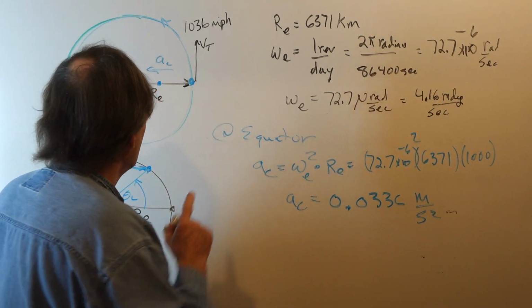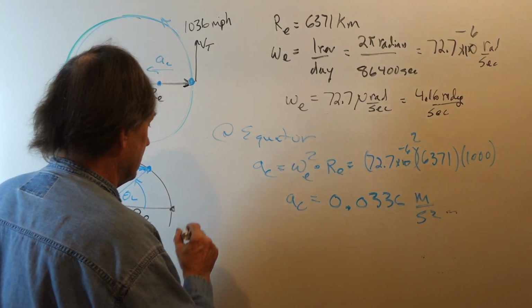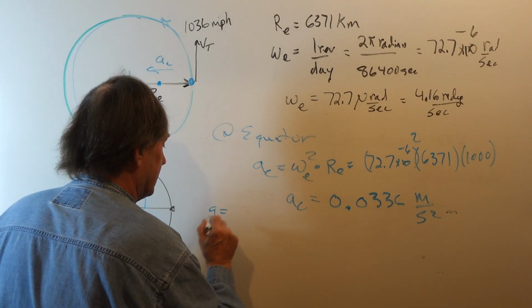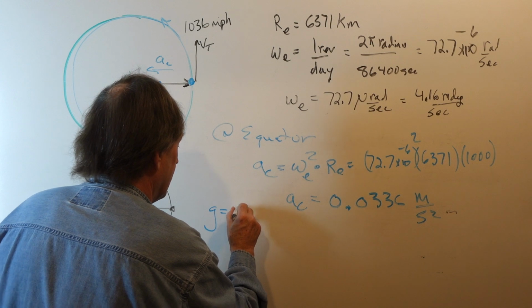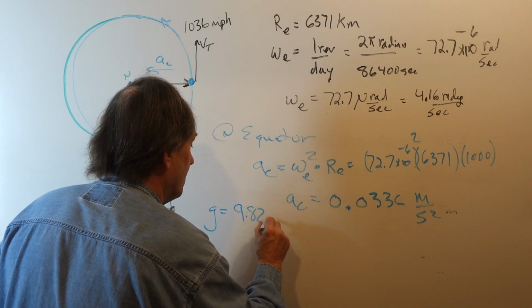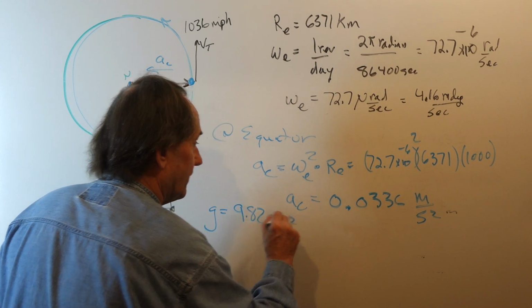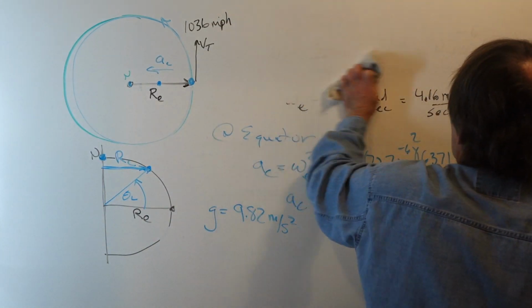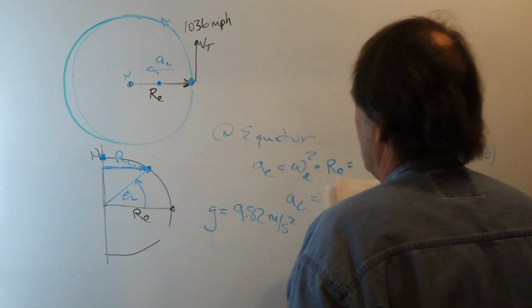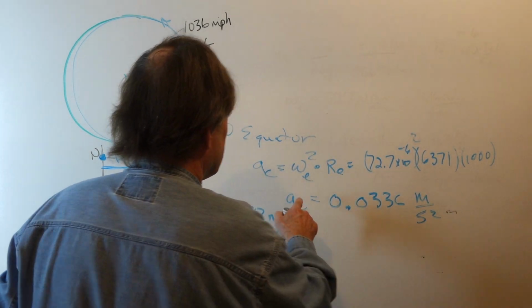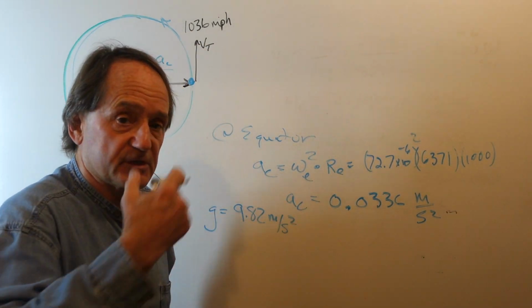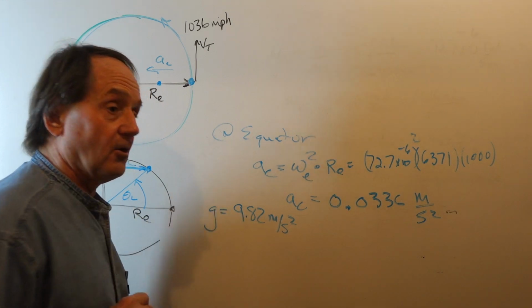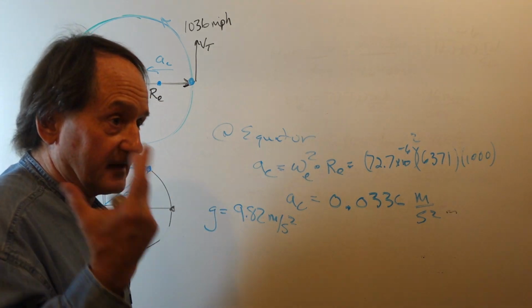Let's compare it to the gravitational acceleration. Gravitational acceleration at the equator is 9.82 meters per second squared. Let's ratio them. How does the centripetal acceleration for someone sitting on the equator compare to the gravitational acceleration that he experiences?